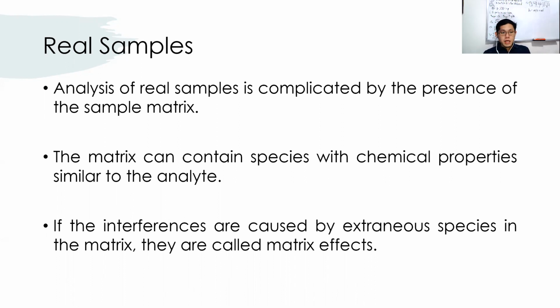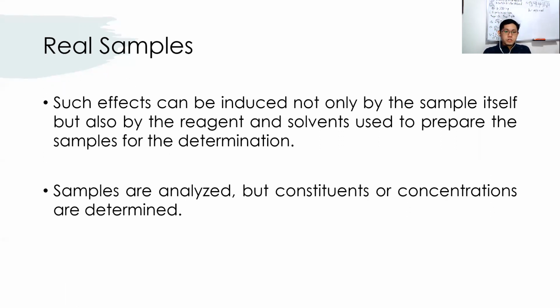So hindi nila naapektuhan mismo yung iyong analyte, yung iyong DNA or RNA, but it's possible na naapektuhan nila yung reagents na ginagamit mo to multiply your DNA and RNA. So such effects can be induced not only by the sample itself, but also by the reagents and solvents used to prepare the samples for the determination.